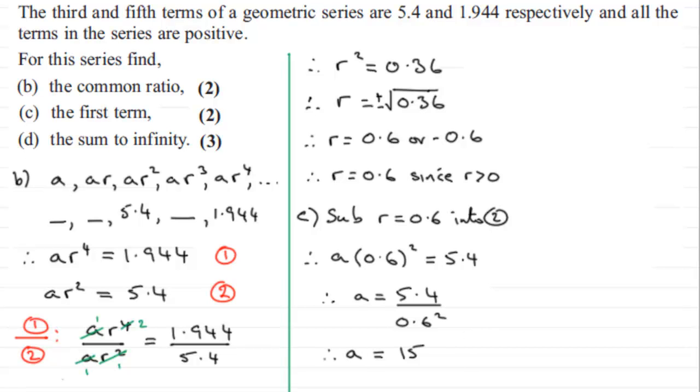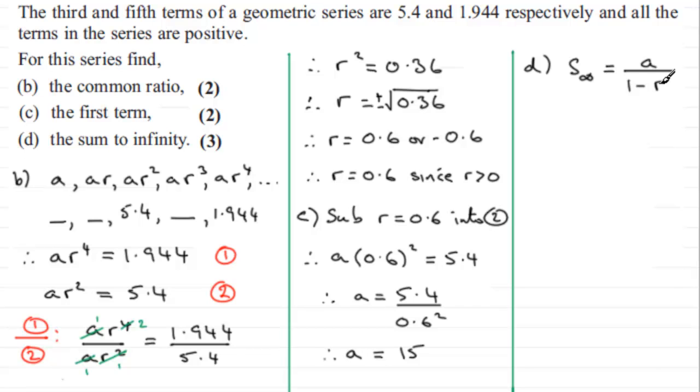Now in part D we're asked to find the sum to infinity. Now we should know that the sum to infinity is always equal to the first term a over 1 minus the common ratio.